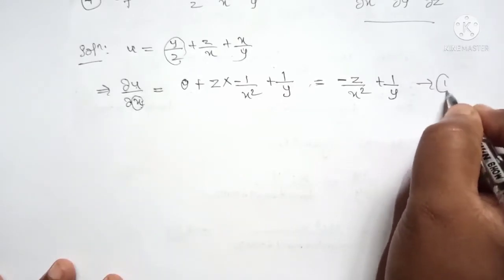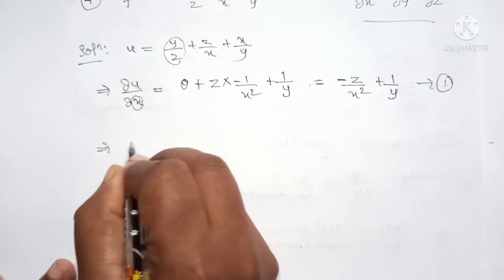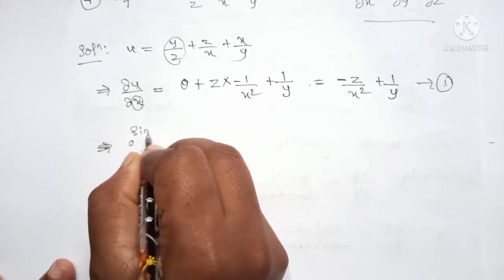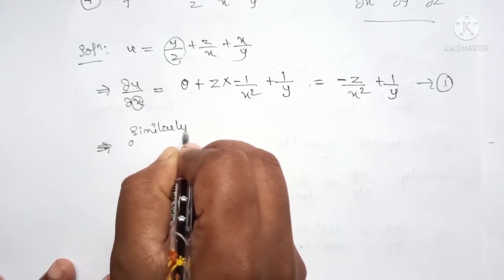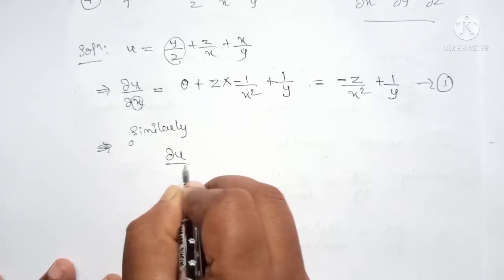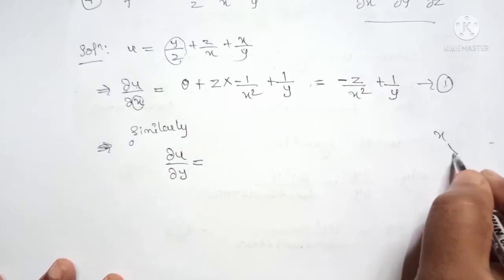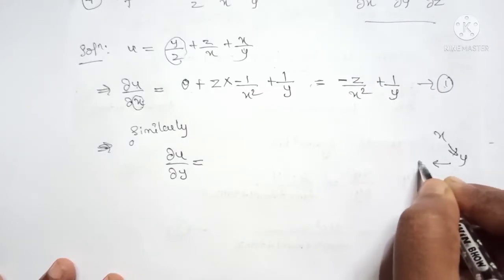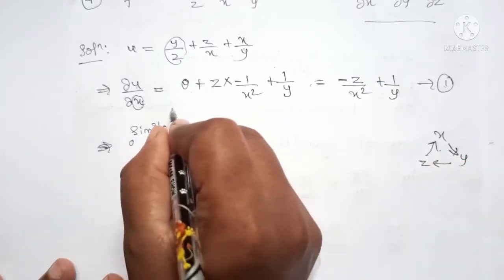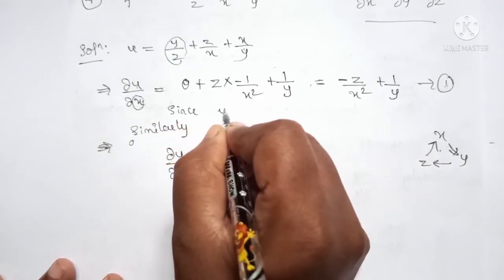Consider this as equation 1. Similarly we write the ∂u/∂y value by replacing x by y, y by z and z by x, since u is symmetric.